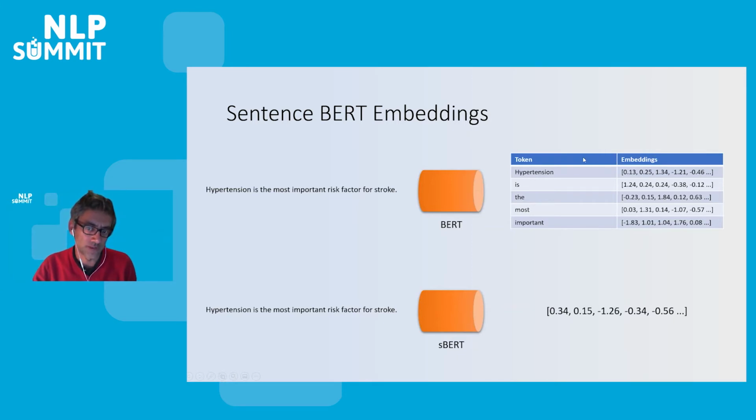If you want to represent overall the semantic meaning of this sentence, something that you usually did in the past was, okay, I will average all the embeddings, so I will get an average representation of all the tokens. In the new approach, you directly are training the language model to represent sentences. So directly you will get, with the sentence embeddings models, a semantic representation of the whole sentence directly without averaging.